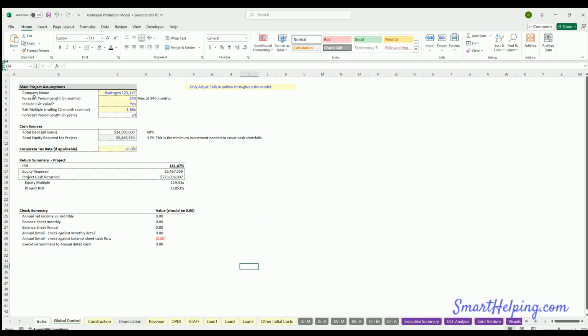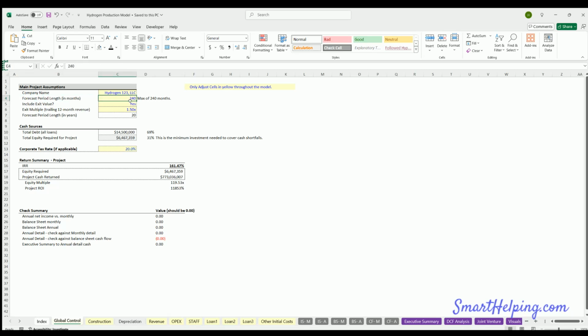Global control tab, a couple simple inputs. Name of the company, this will go on the top of financial statements. How long you want to forecast for, up to 240 months, which is 20 years. You could do anything in here. You could do 60 months, 36 months, 120, 180 for 15 years, whatever you want. This will define when everything stops.